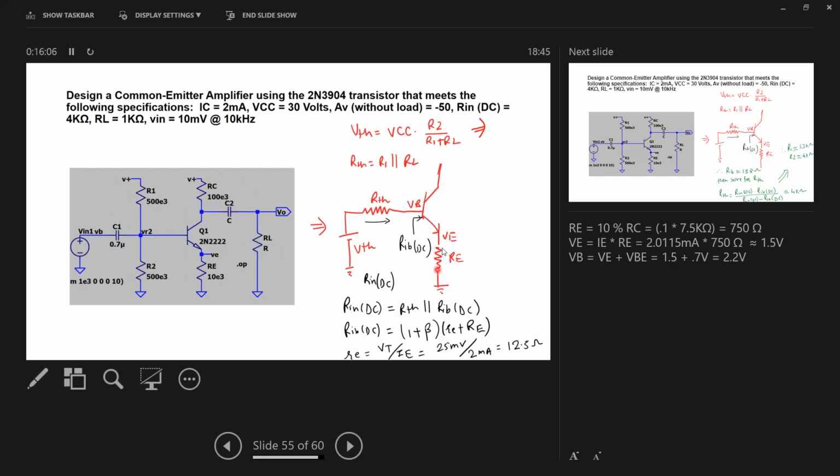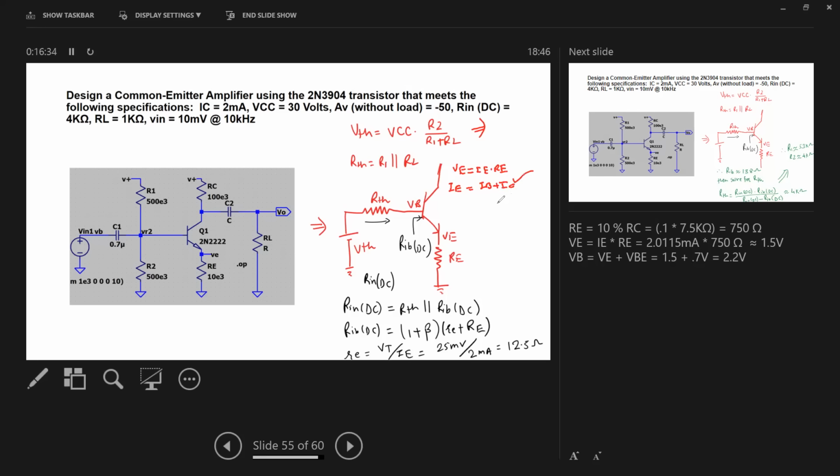And remember, IE is the sum of IB and IC. So how should the value of IB be known? For example, I just said to you that VE is IE times RE, and IE is IB plus IC.